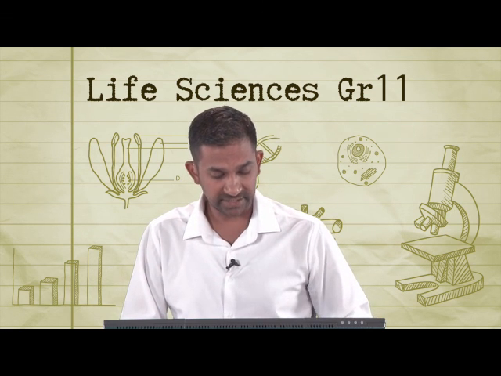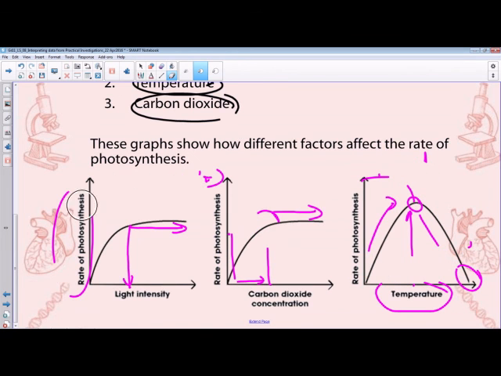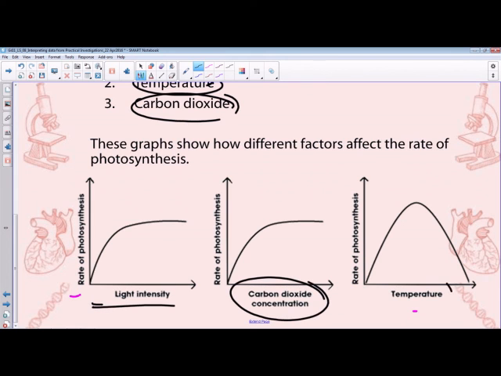To wrap things up, I'm going to very quickly go through these. I'm going to erase this quickly so that we can touch base with exactly what we've discussed in this episode. We've looked at the 3 factors that we discussed: light intensity, the concentration of carbon dioxide and temperature.